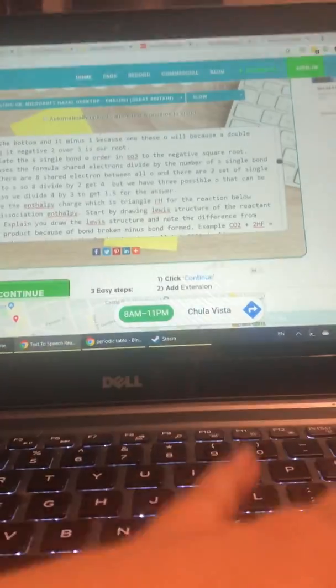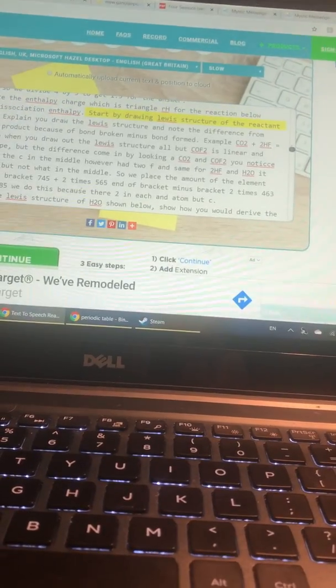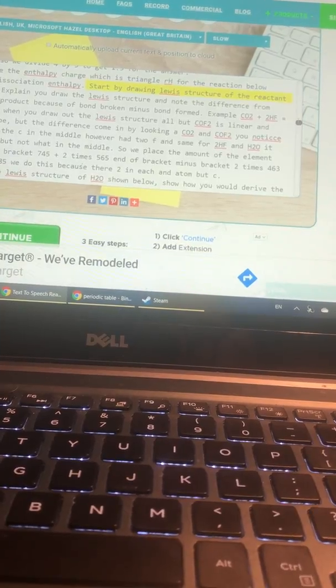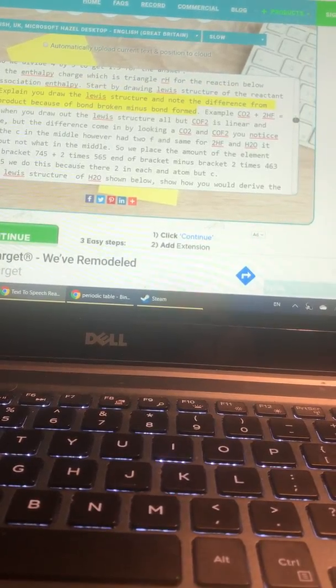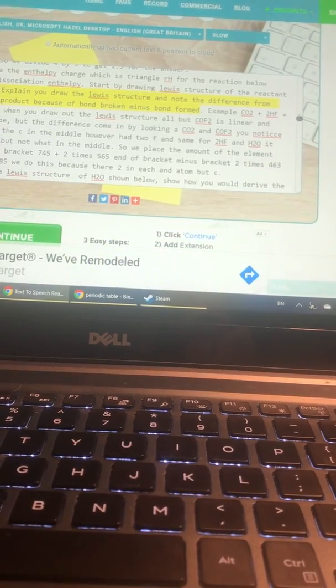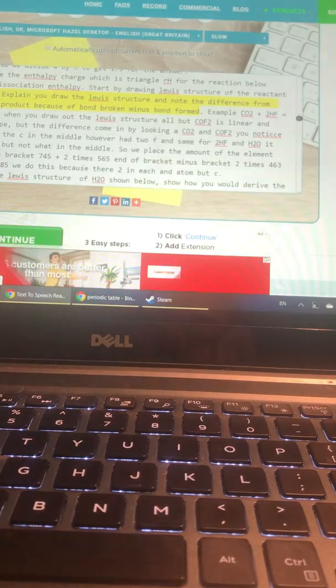17. Calculate the enthalpy change, which is ΔRH, for the reaction below using bond dissociation enthalpy. Start by drawing the Lewis structure of the reactant and product. Explain: you draw the Lewis structure and note the difference from reactant and product because of bonds broken minus bonds formed.